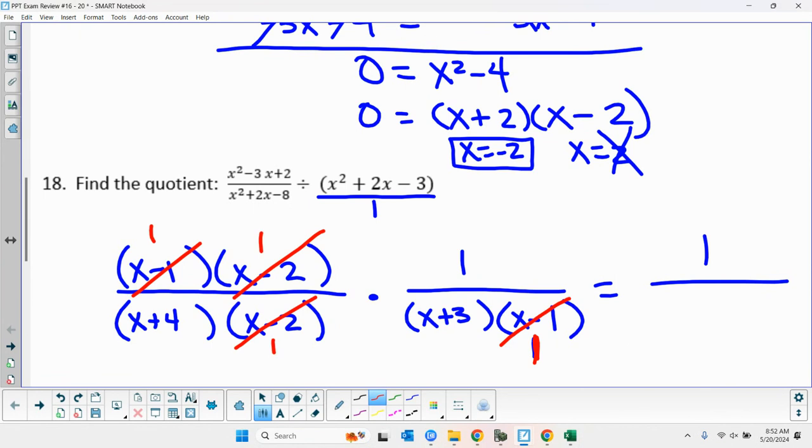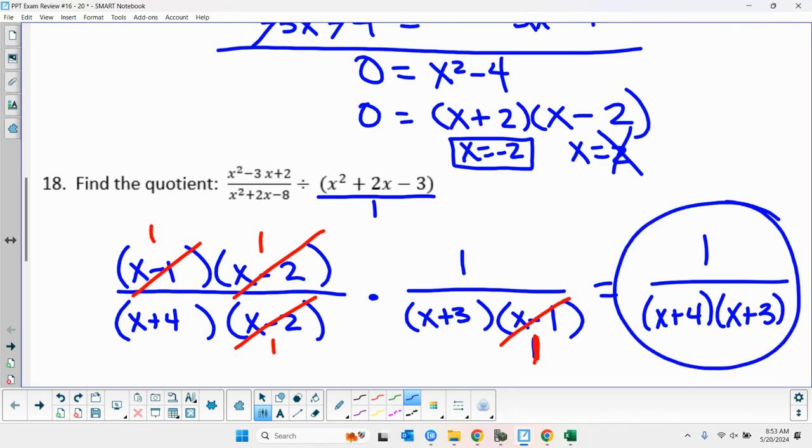Something over itself is 1. You guys should know that. All right, in the bottom, I've got an x plus 4 and an x plus 3. So don't forget to write those. So there's the quotient of number 18, the division problem. Remember, dividing is multiplying by the reciprocal.